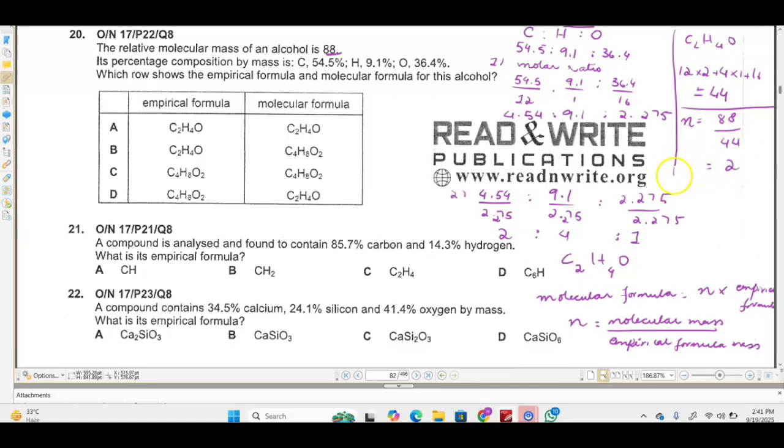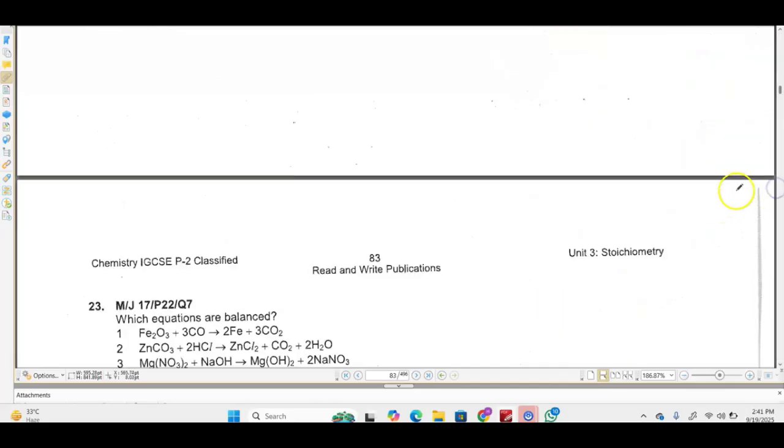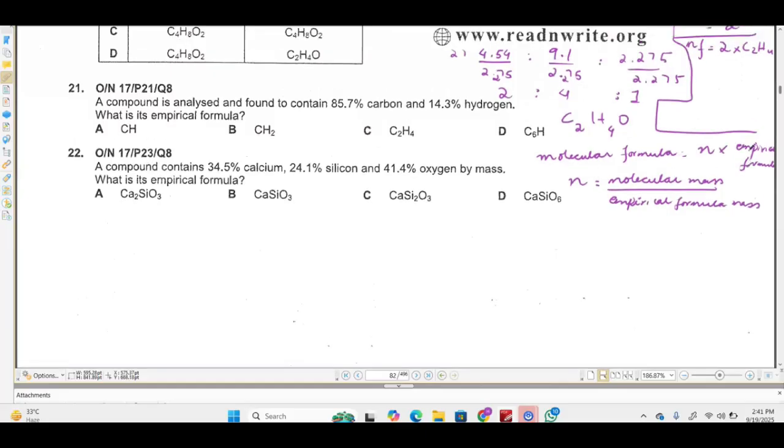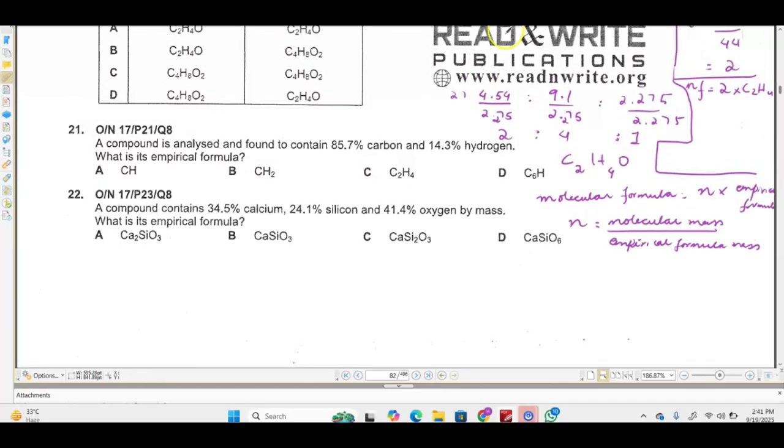Once we have the value of n, we can simply put it in this formula. Molecular formula, I am writing the short form, is equal to n, which is 2, into empirical formula, which is C2H4O.